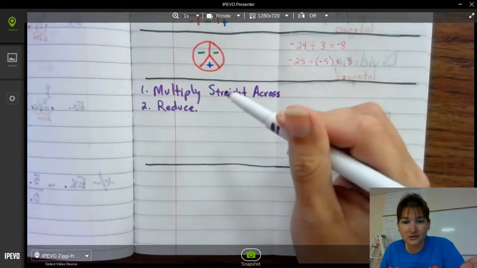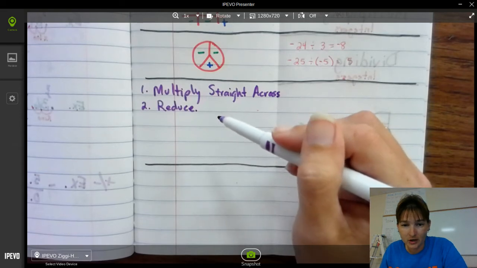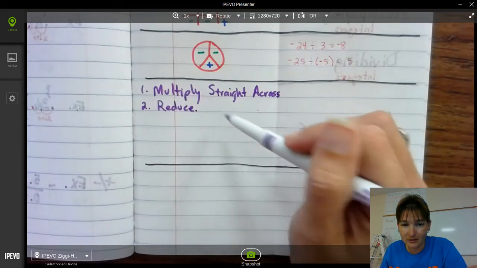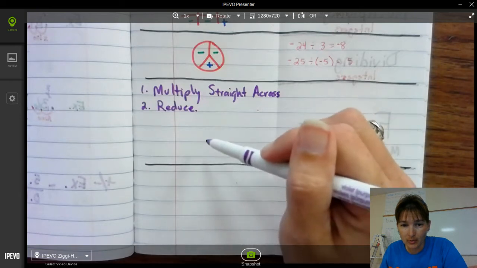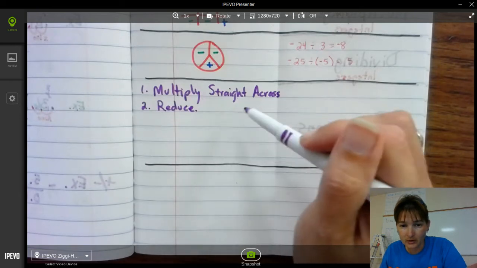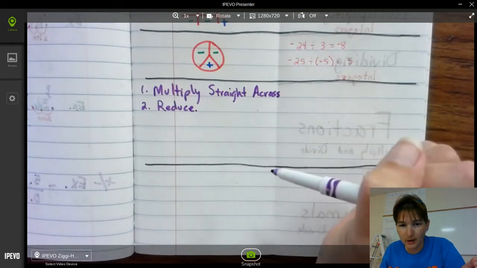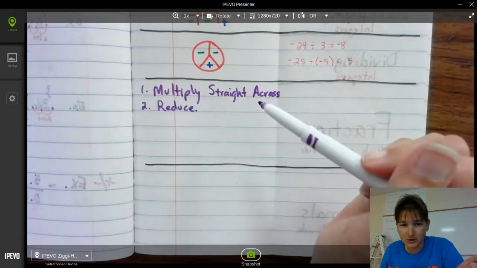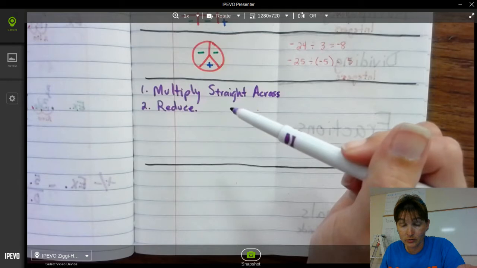You can also reduce diagonally first, meaning going from a top to a bottom on the other one, or bottom to a top on a different one. I'll talk about it, but I won't necessarily show it, because we simply want to multiply straight across first, and then you can reduce.